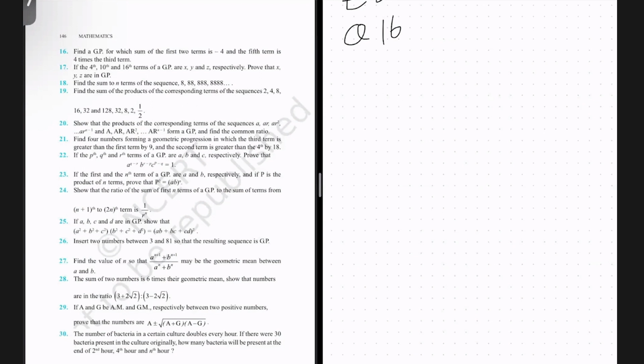So we have S of 2 equals -4, and we have the fifth term equal to 4 times the third term. Correct. So that is what we have.